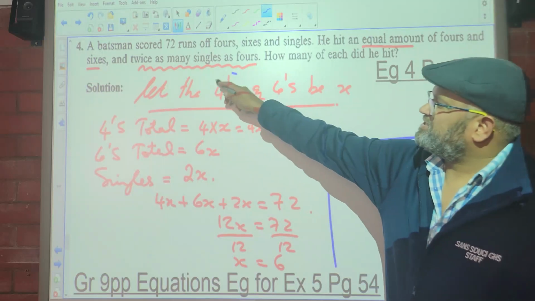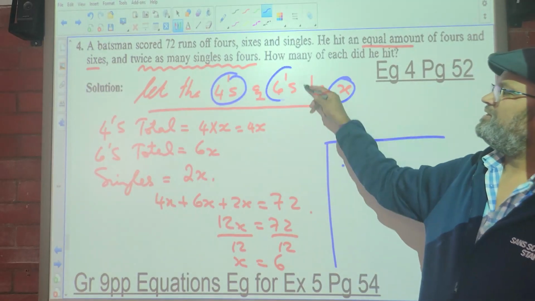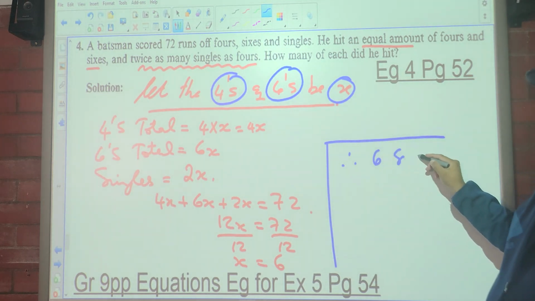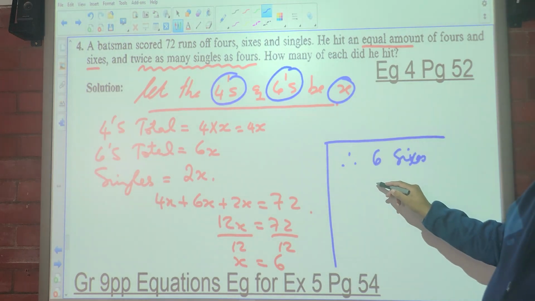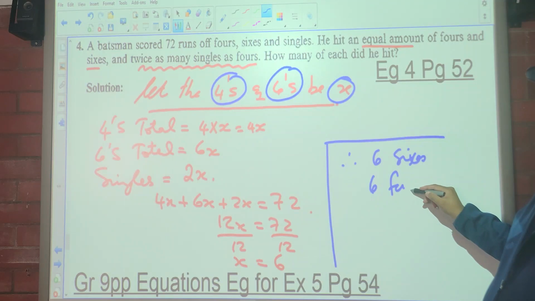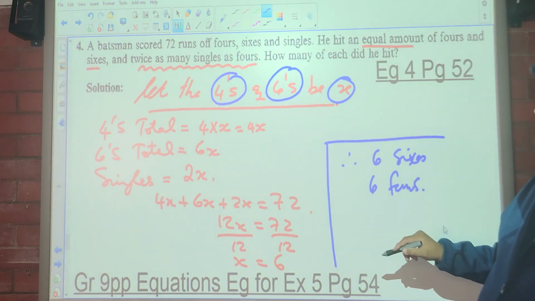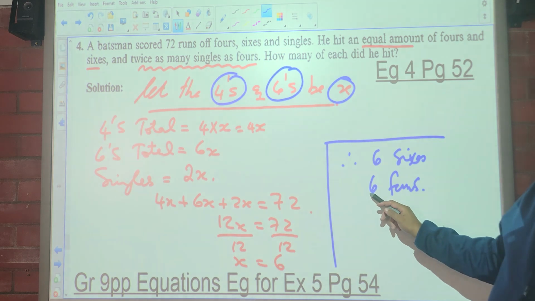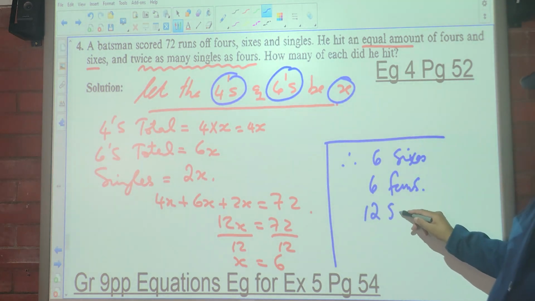Why? Because sixes and fours is equal to x. So he hit 6 sixes, 6 fours, and how many singles did he hit? Twice this amount, which is 12 singles.